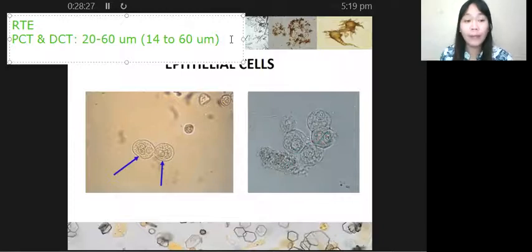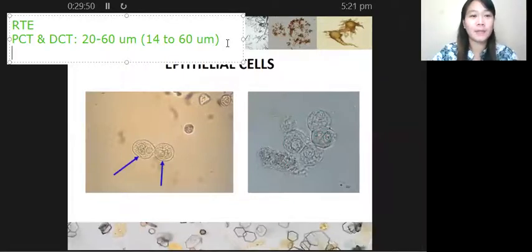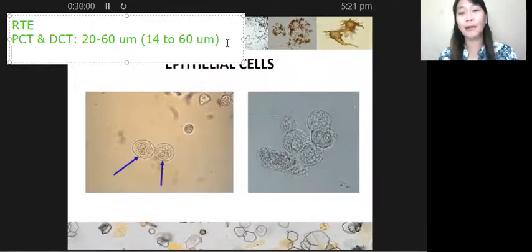Sorry, class, for the stops. But you can't really tell that I'm stopping. Anyway, back to our RTE cells. 20 to 60 micrometers or 14 to 60 micrometers.